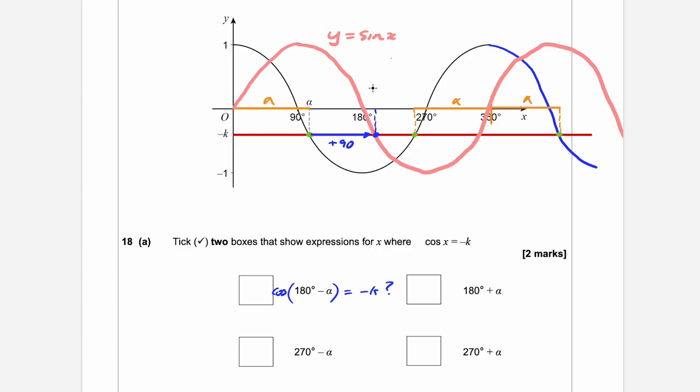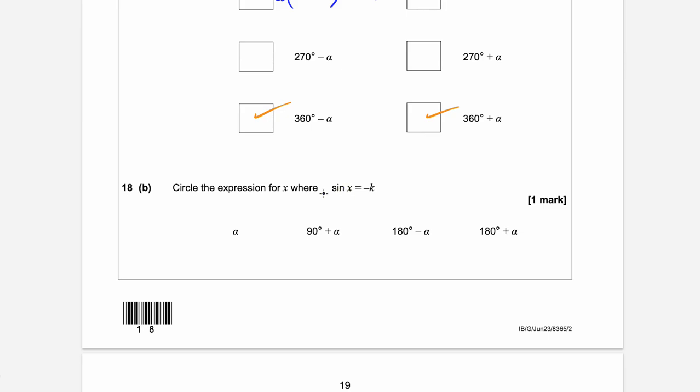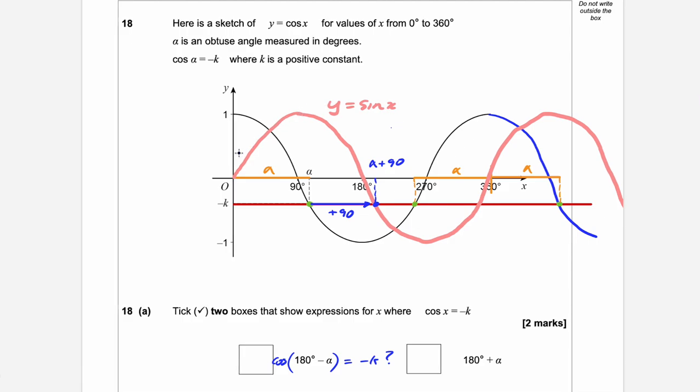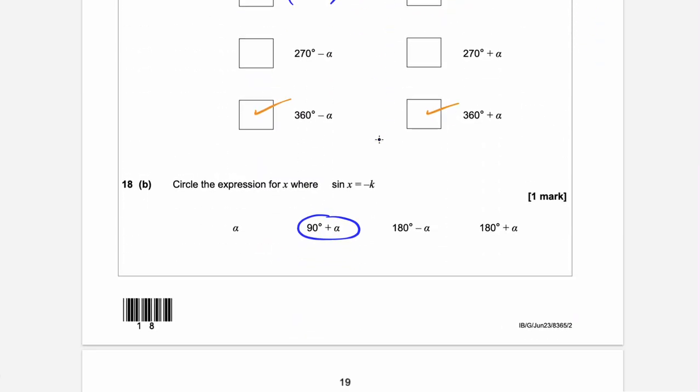It's this alpha plus 90. So where does sine of x equal negative k? Well, it's sine of 90 plus alpha equals negative k, because sine x is essentially cosine x being translated to the right by 90 degrees. Okay, that's quite a confusing question, guys. I hope it makes sense, but that's question 18.